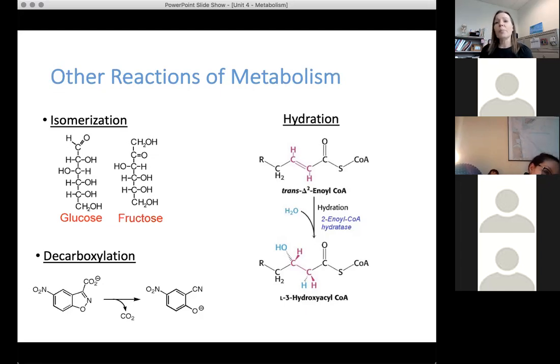Okay, decarboxylation. If you look at the diagram, you can probably see what's happening here. It's removal of carbon dioxide, CO2.